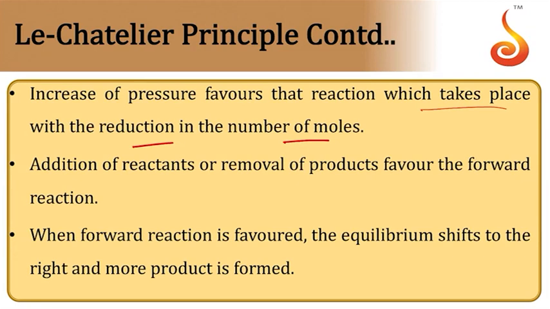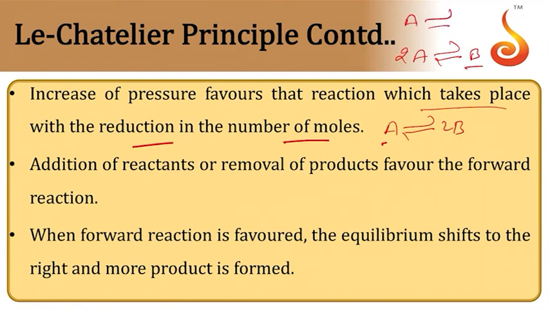For example, take a reaction like A giving rise to 2B. If you increase the pressure, the reaction moves in the backward direction, because in the backward direction we have fewer moles. Suppose you have a reaction like 2A giving rise to B. When pressure is increased, it moves in the forward direction, because in the forward direction we have fewer moles.